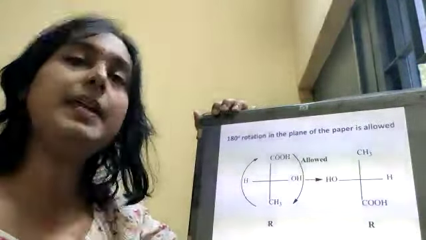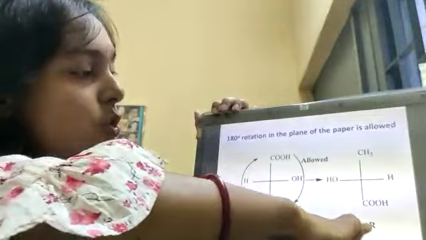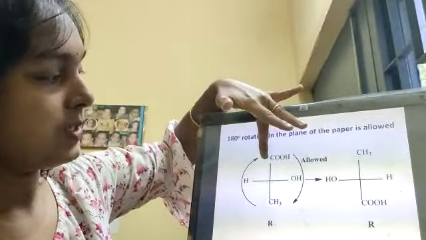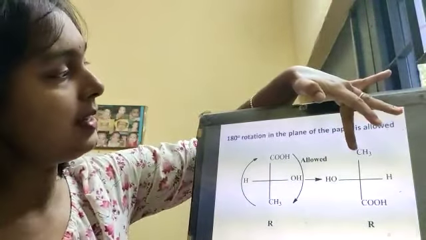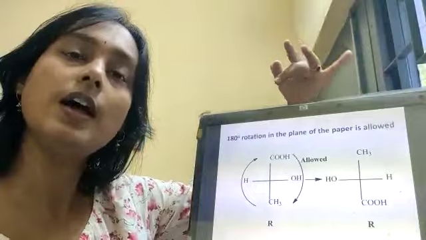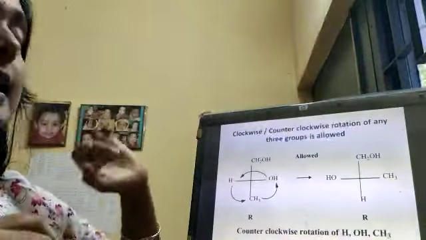So as a whole, 180 degree rotation in the plane of the paper is considered no change in the configuration. So the first case was R, and after the rotation of 180 degree in the plane of the paper, it is also R. So it is allowed.